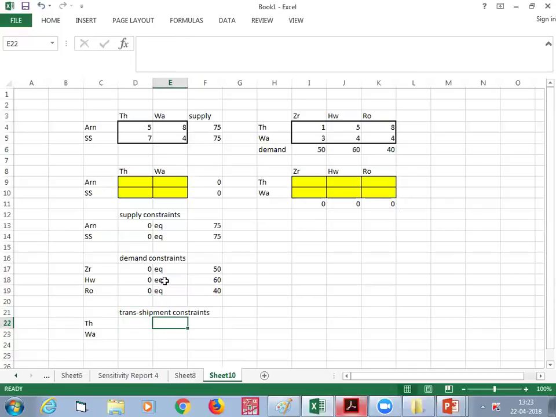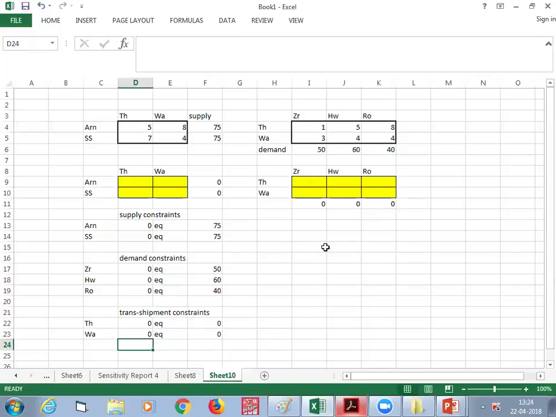Okay, now in that respect, these constraints are equal to 0 because I'll take inflow minus outflow. Okay, so inflow here is the column sum here. Outflow is the row sum here. Inflow is the column sum here. Outflow is the row sum.